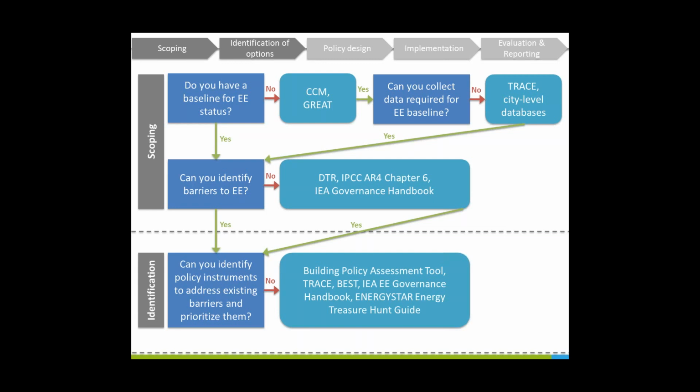For example, the Building Policy Assessment tool developed by WRI and Johnson Controls can provide a simple framework to help policymakers and stakeholders design their policy strategies through assessment of a number of policy options for energy efficiency in buildings, and assess their current status as well as difficulties and importance for their implementation.